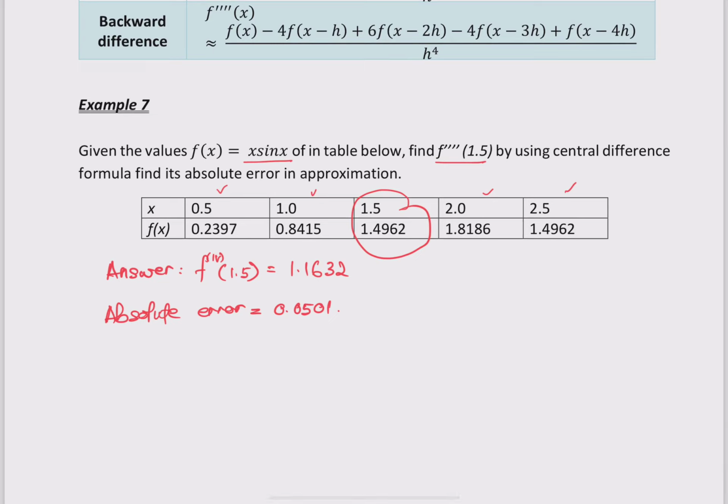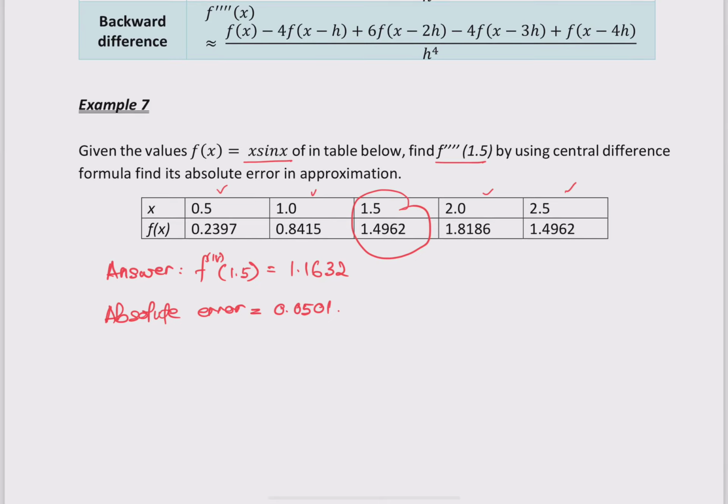So I think that is all about chapter 4, numerical differentiation. You only need to apply the formula, or you can also take a look at the previous sample past year final exam questions.